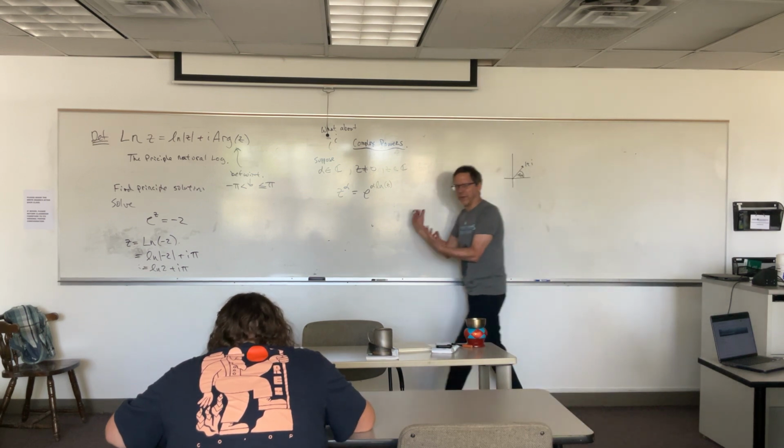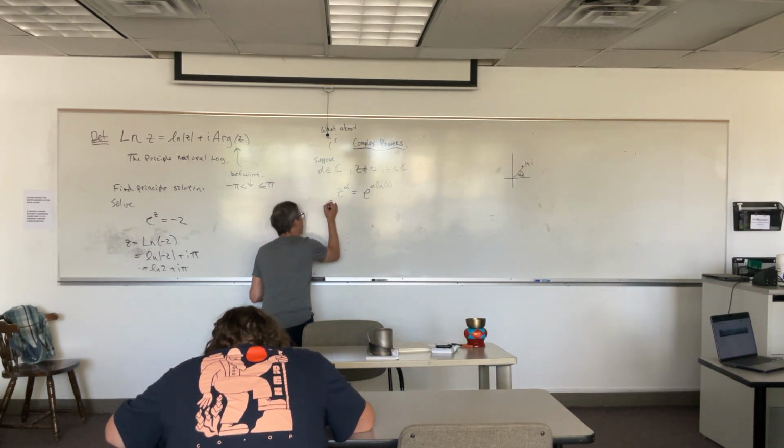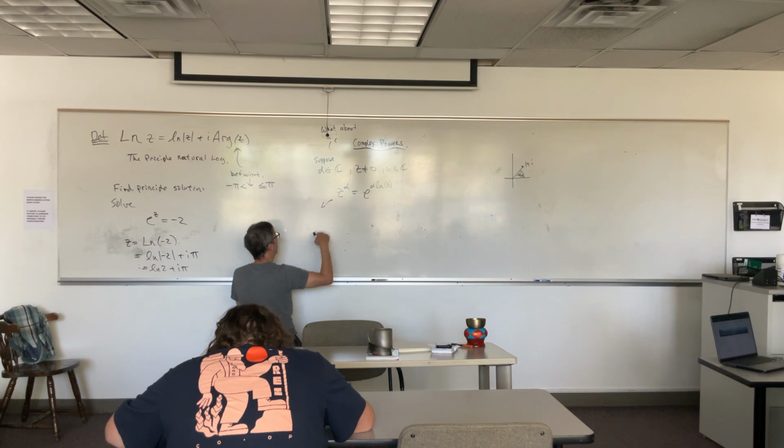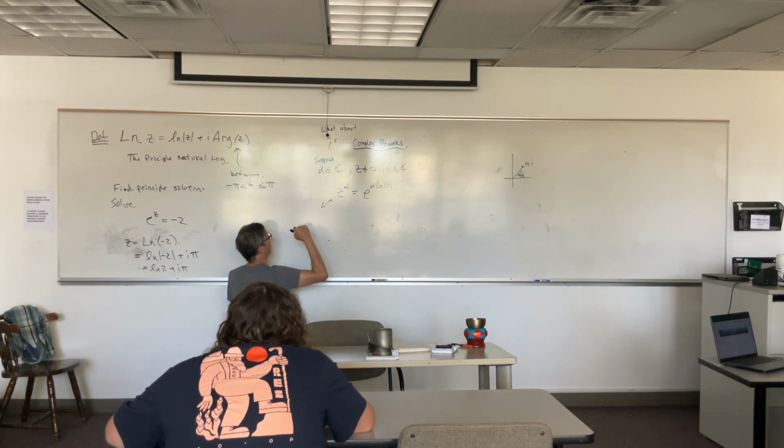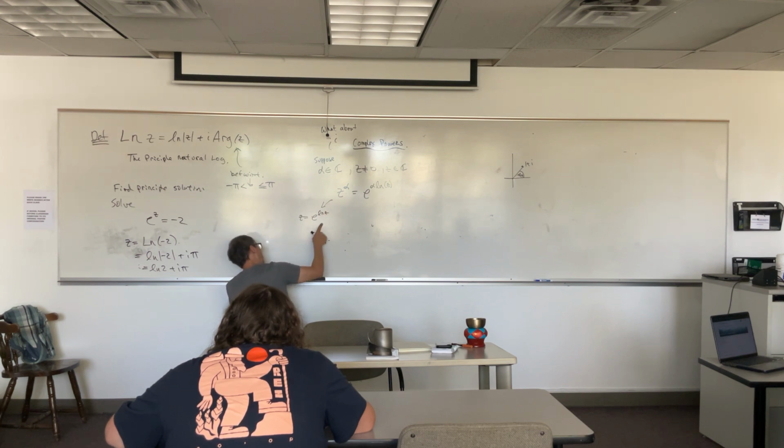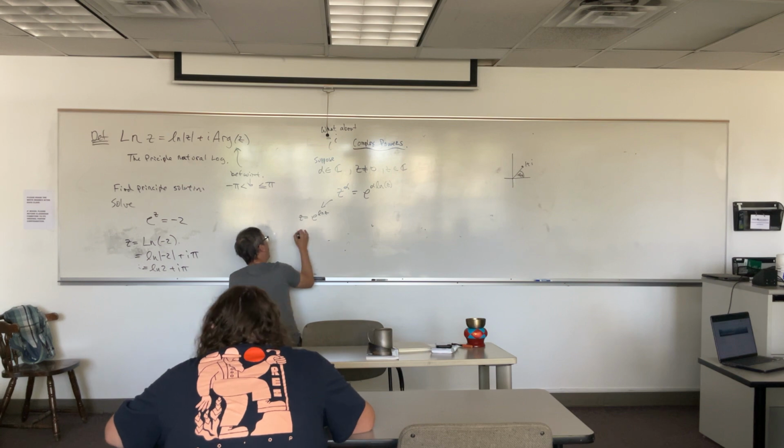This is a natural thing to do. This is actually how you find the derivative formula for something besides e to a power in calc. First you say z is e to the natural log of z, an observation that these are inverse functions. And then you just raise both sides to the alpha.